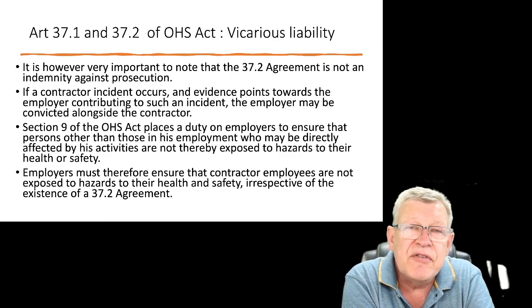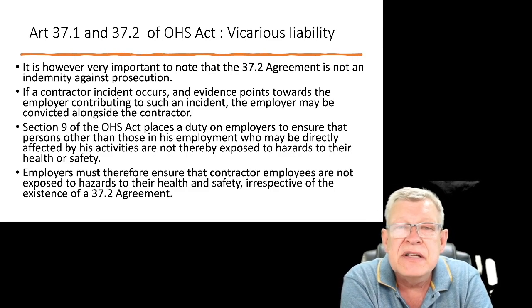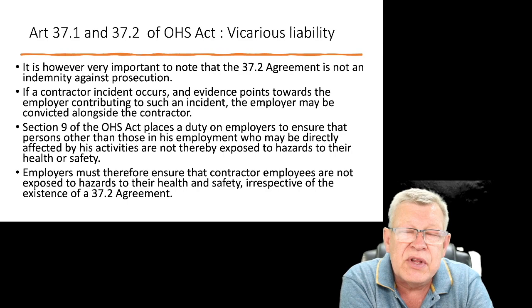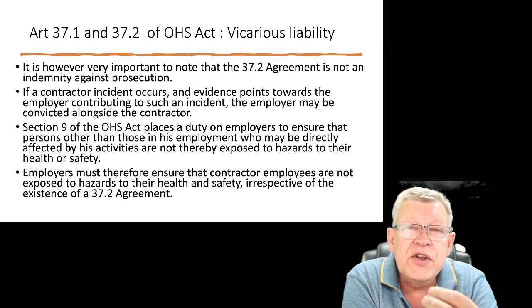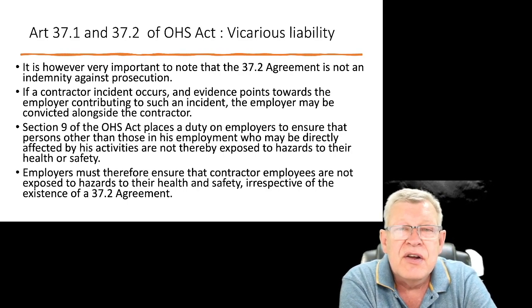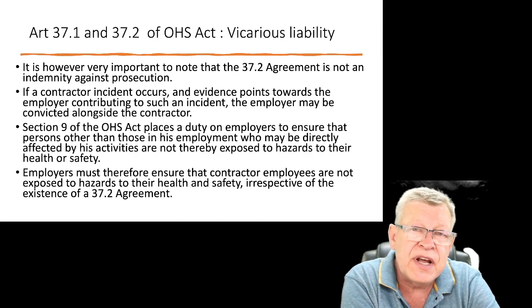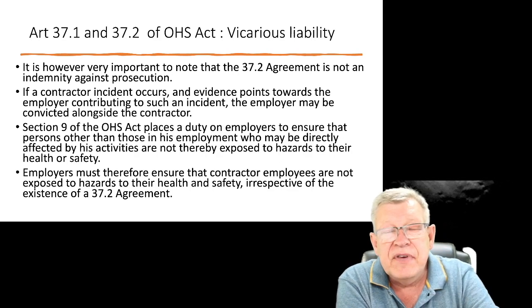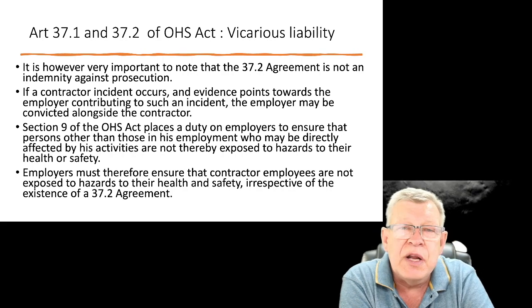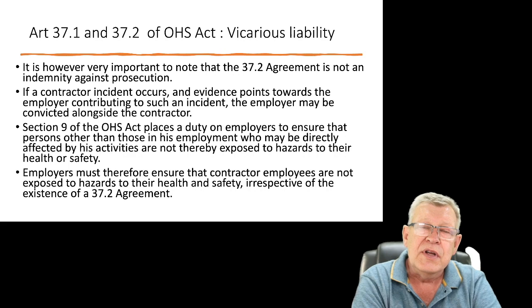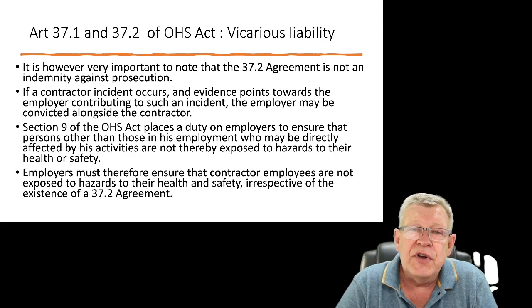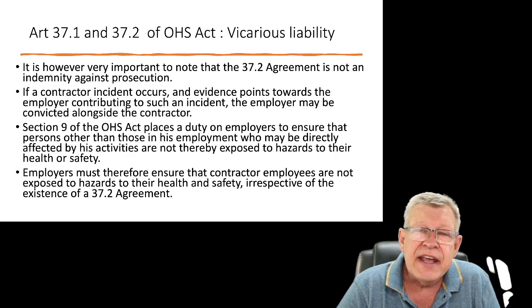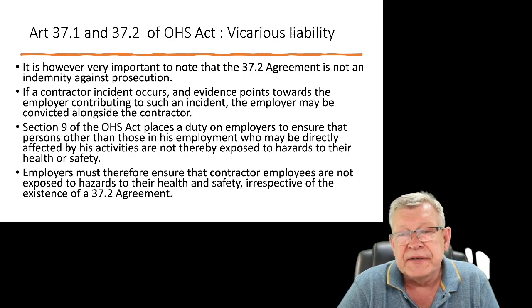And if they don't have a proper health and safety management system in place, they will come one level up and they would look at the contractor and they would say, so what did you do to make sure that these guys remain safe and that they keep the employees safe against any harm? And if the contractor doesn't have anything in place, then they will still go back to the client. They say, but you allowed these guys, even with your 37.2 agreement, you allowed these guys to come on. So what did you do? How often did you ensure that they actually kept their health and safety file up to date?